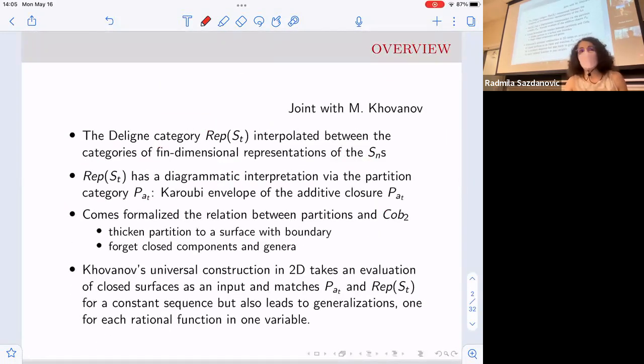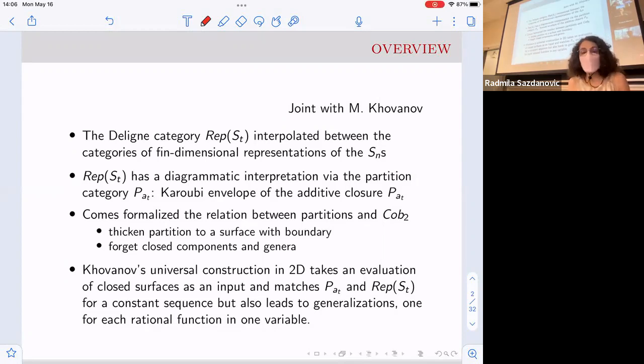As announced in the title, I will be talking about the Deligne category, and I'm going to go into more details as the talk progresses. Depending on how familiar you are with either part of the story, details are coming. I just want to give a broad overview. The Deligne category, which I'm denoting by Rep(S_t), interpolates between the categories of finite dimensional representations of symmetric groups.